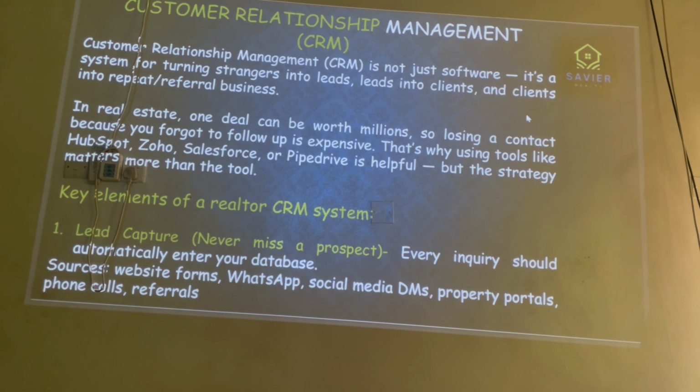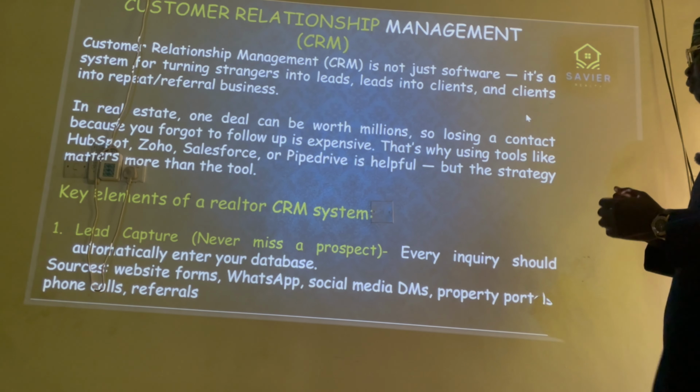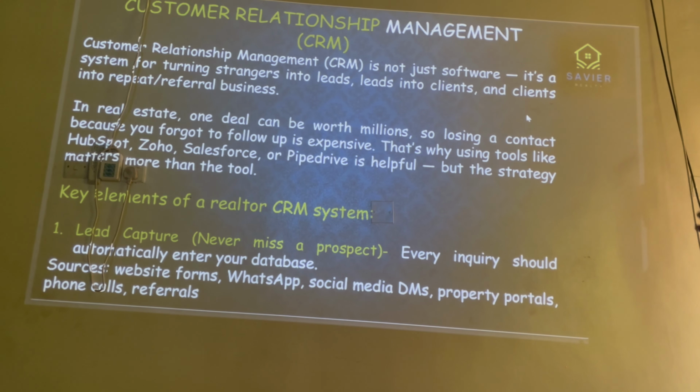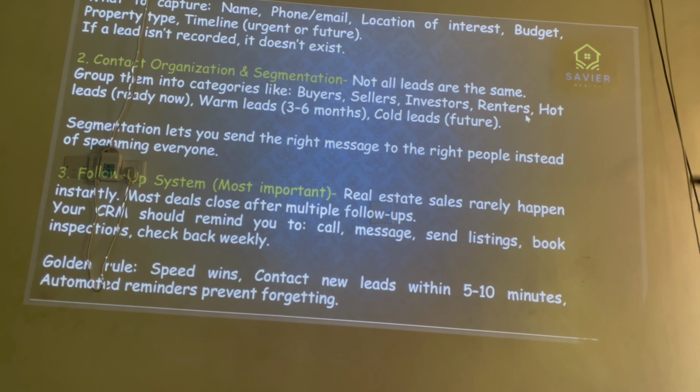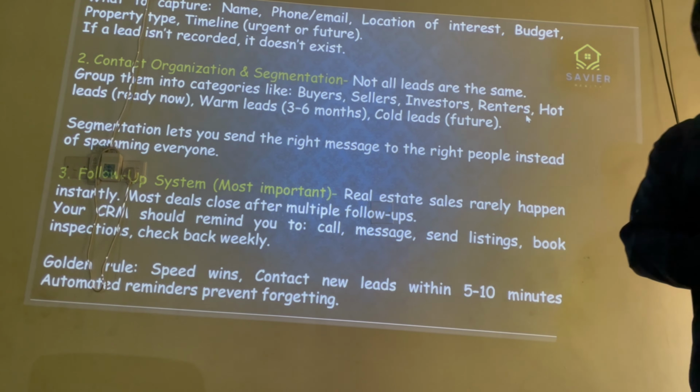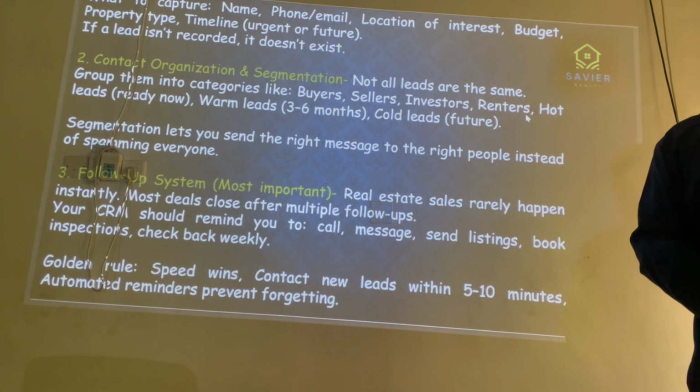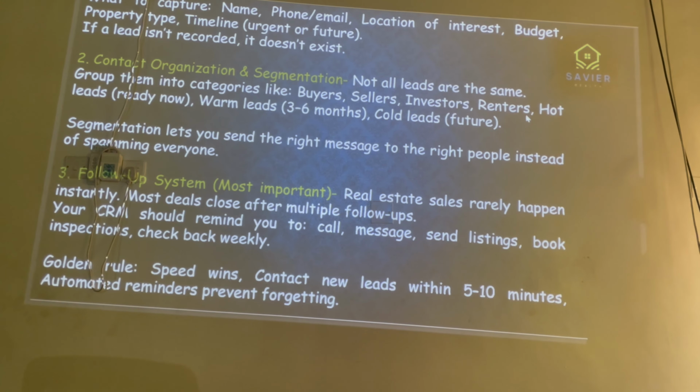Website form, WhatsApp, social media, DMs, property portals, phone calls, referrals. Next, what to capture? You capture their name, phone and email, location of interest, budget, property timeline, urgent or future. If a lead isn't recorded, it doesn't exist. You have to record it.